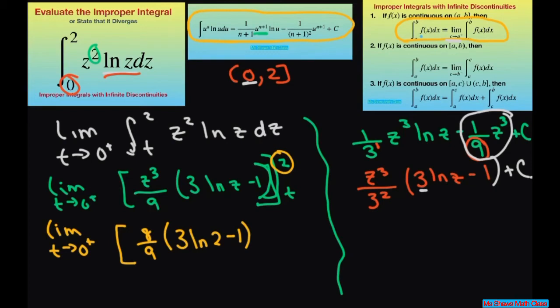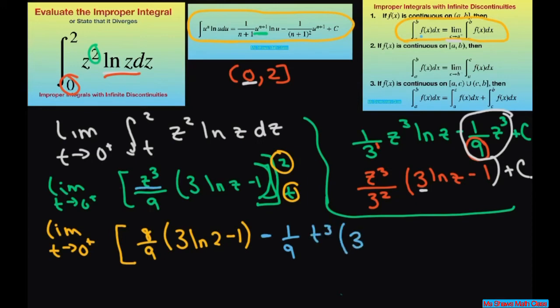All right, and then for the t, let me do this in a different color. We're going to get minus 1 ninth, and then we have t cubed, and then we're going to have 3 ln of t minus 1.